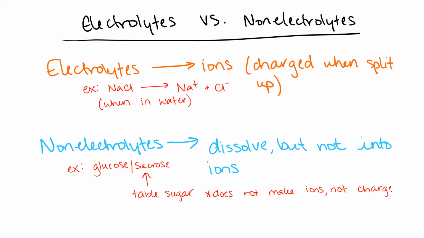So if it was just glucose, we'd get individual units of C6H12O6. If it was sucrose, it would be the same here with, I believe, C12H22O11 for this one. Either way, it dissolves.